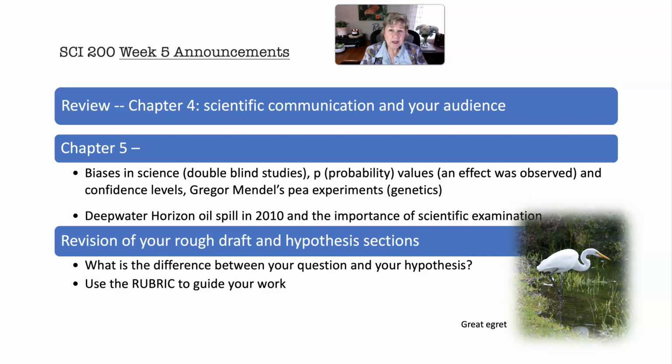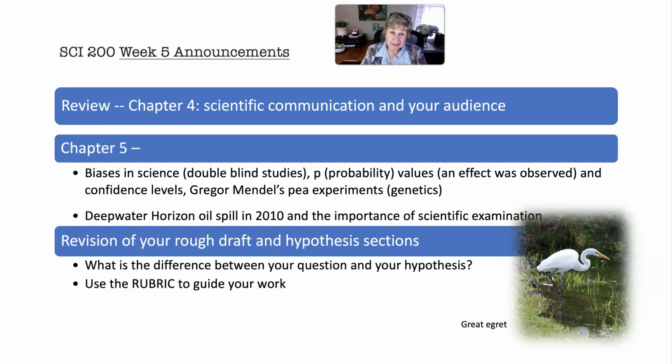So you might want to say, what's the effect of changing the pH by 1/10 of a unit in ocean salt water on the calcium production of mussels? Okay, you see how it's a much smaller, much more focused question, and that you could carry out in a lab. Now, you could carry it out in the ocean, but most likely you would do this in a lab. And you can figure out how the scientist would set up these experiments, right? That's the difference between your hypothesis and that question that you asked way back in week 2.